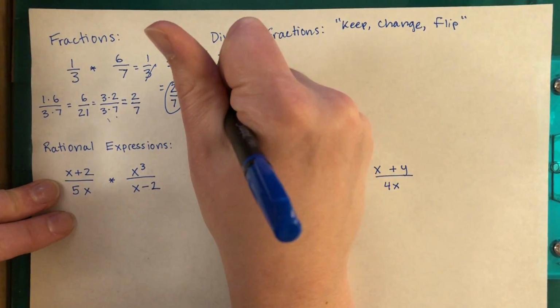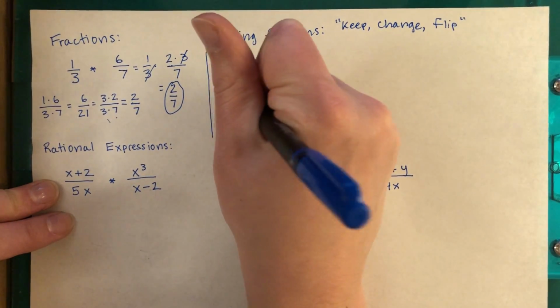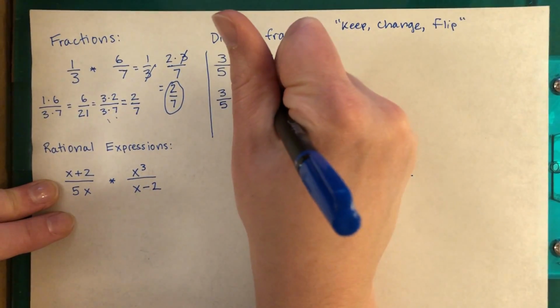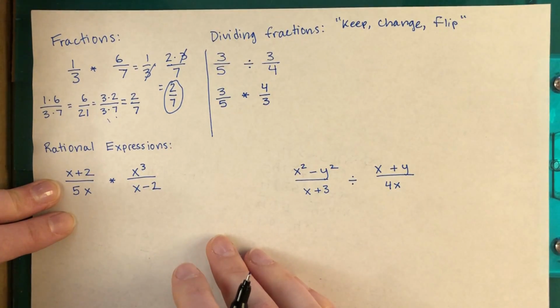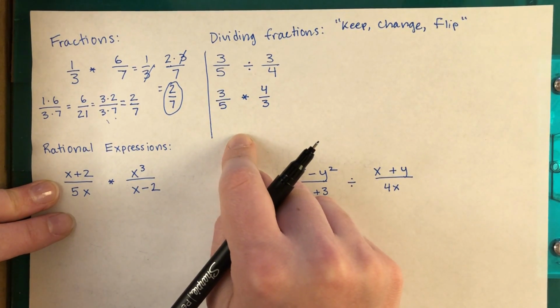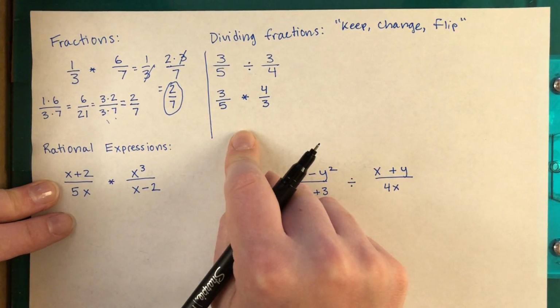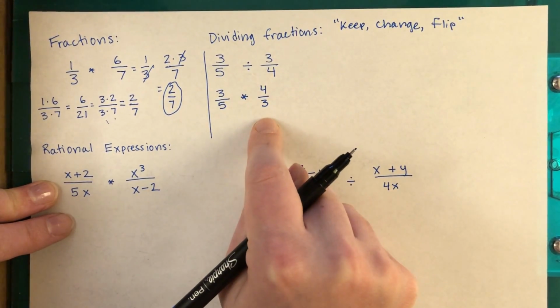So I could write the same problem as 3/5 times 4 over 3. Now, once again, I'm going to look for matches. And I can see right away that I have a 3 on the top and a 3 on the bottom.